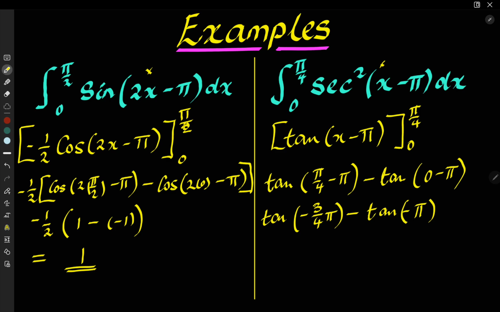Now, if you simplify that in your calculator, tan(−3π/4) will be 1, then minus tan(−π), that will be 0. So your answer is just equal to 1. And that is how you do the definite integral of sec squared (x − π) from 0 to π/4. Now let's look at the last example.